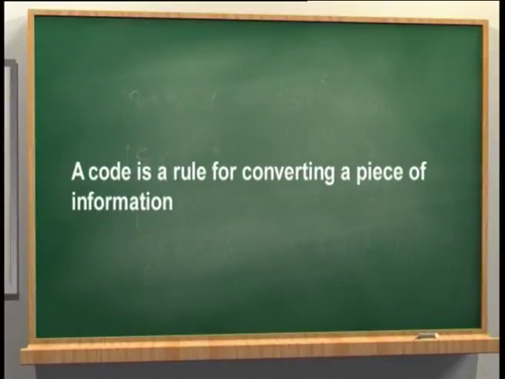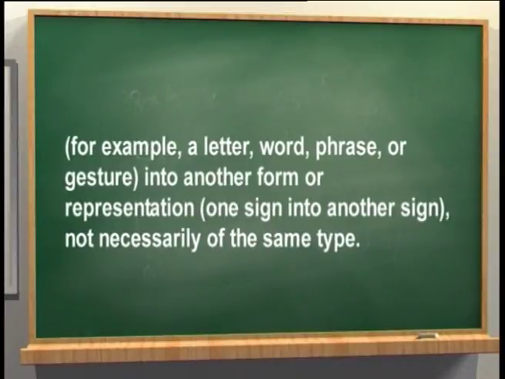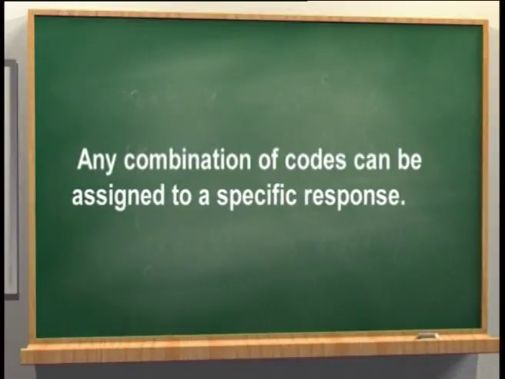A code is a rule for converting a piece of information, for example, a letter, word, phrase or gesture, into another form or representation, not necessarily of the same type. Any combination of codes can be assigned to a specific response. Coding refers to the process of assigning numerals or other symbols to answers so that responses can be put into a limited number of categories or classes.